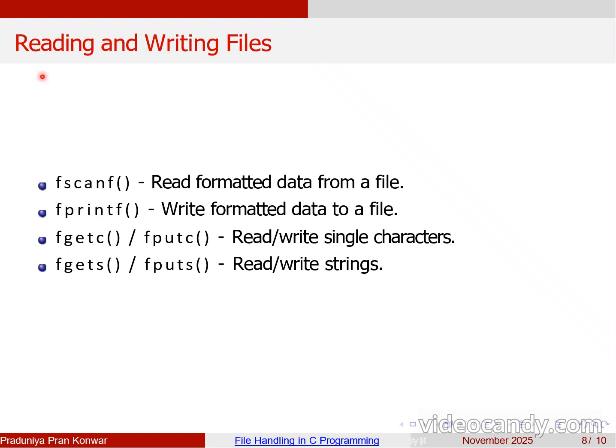Now let's see how we actually read and write data in a file using C functions. First, the function fscanf is used to read formatted data from a file, similarly to how we use scanf for console input. Next we have fprintf, which is used to write formatted data to a file, for example writing strings, numbers, or formatted text.